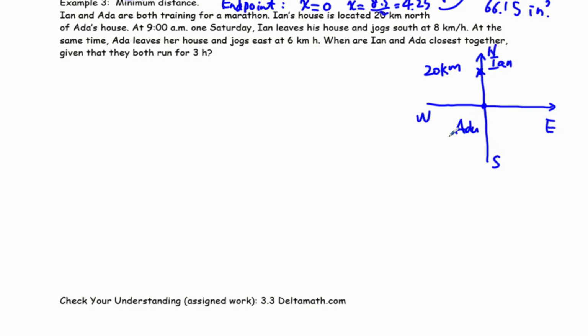At 9 a.m. on Saturday, In leaves his house and jogs south at 8 kilometers per hour. At the same time, Ada leaves her house and jogs east at 6 kilometers per hour. It asks you when are they going to be closest to each other, the shortest distance between these two.